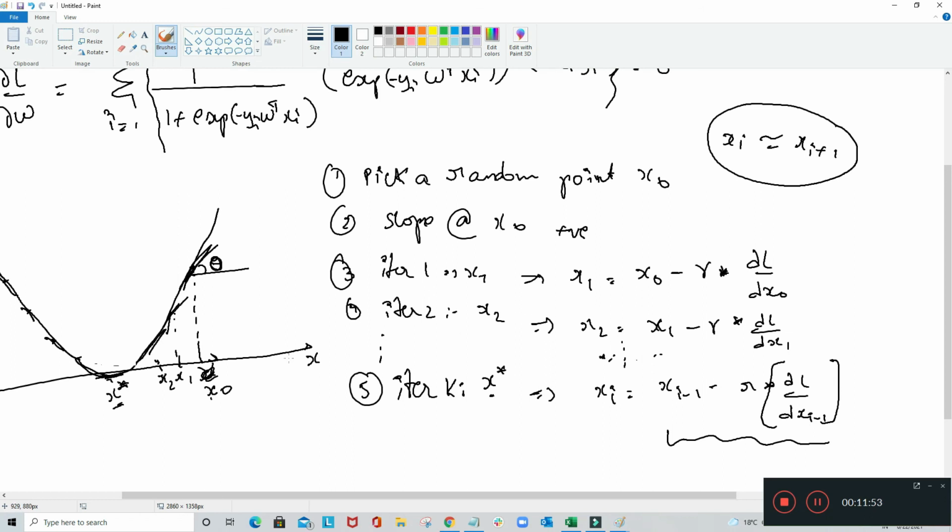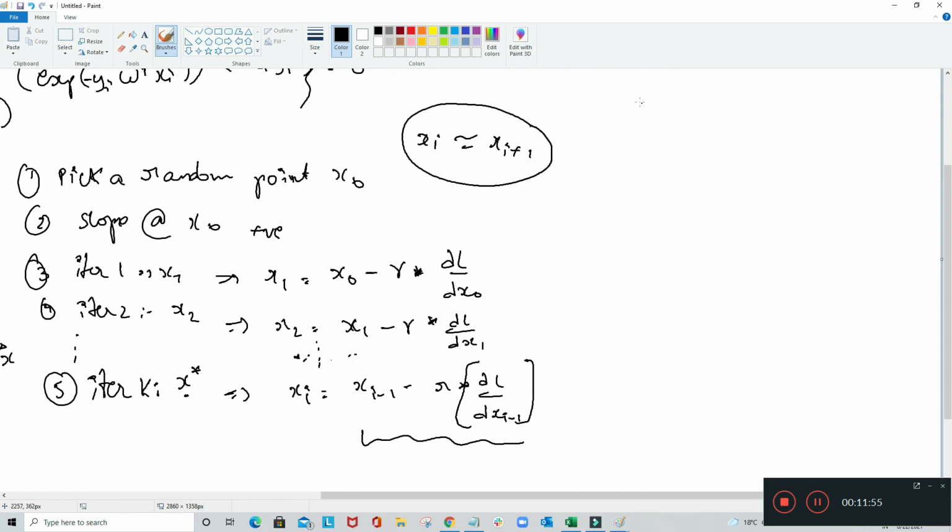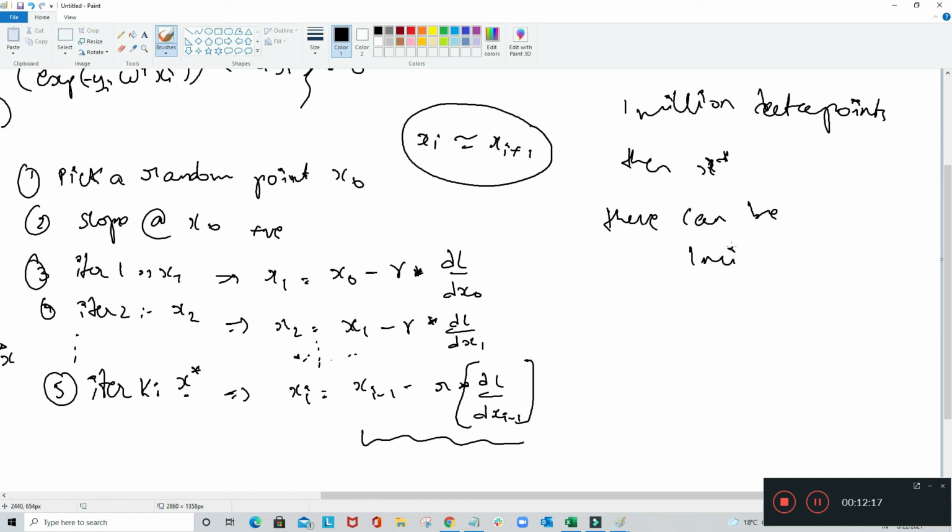So say the data set had 1 million data points, then to find the optimal value x star there can be 1 million iterations, which is very computing heavy and time consuming, right?